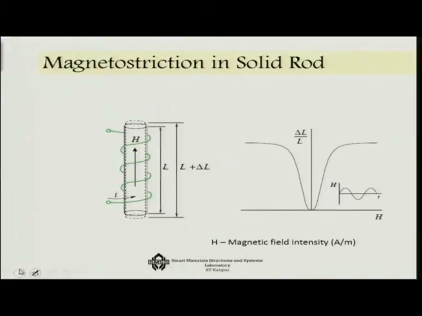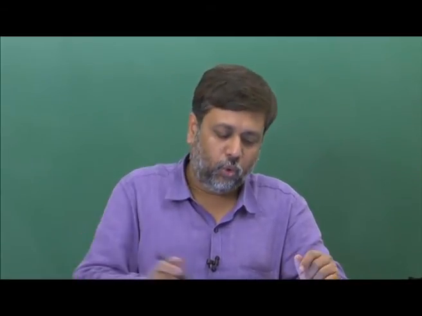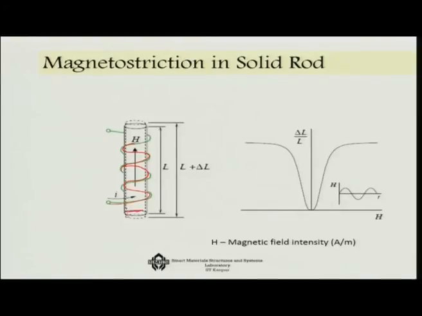Now, how would magnetostriction happen in a solid rod? If I consider a solid rod with a solenoid wound around it, and in that solenoid I apply a current I, which generates a magnetic field H on the core that you can see here. Let that core be a magnetostrictive core.